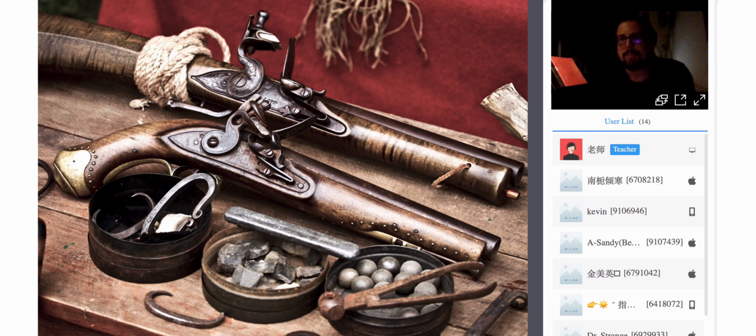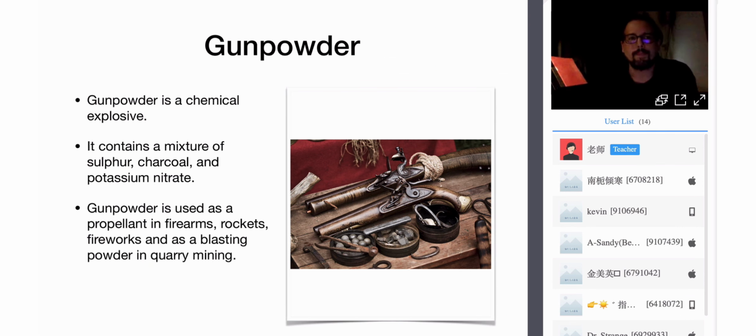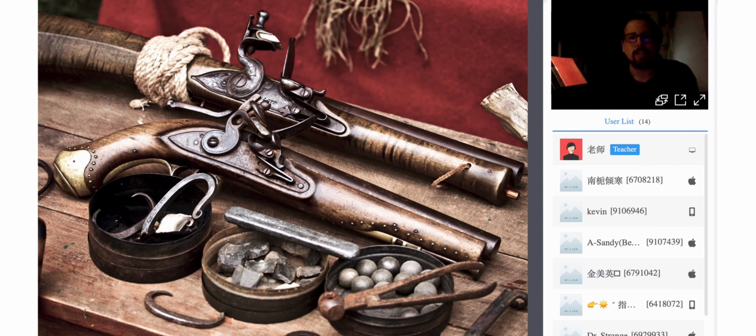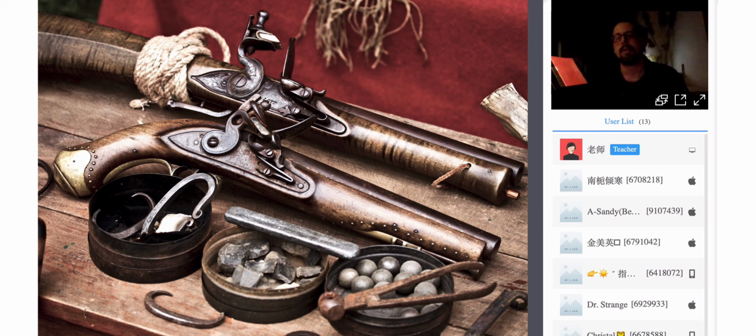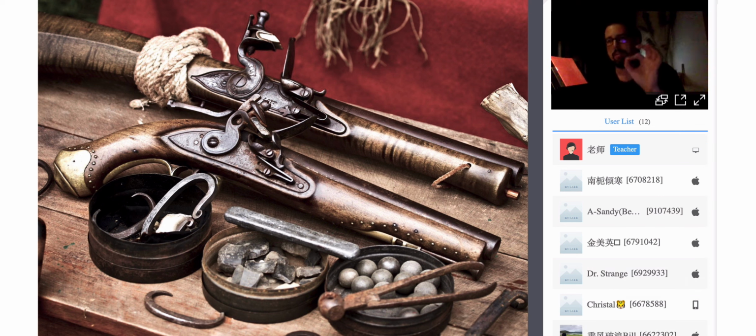Okay, next one. Gunpowder. Gunpowder is a chemical explosive. If we look at the photo here, we can see the rifle and the components of the rifle. We have the trigger, the thing that you pull. That pulls the hammer. The hammer goes back. There's some resistance because the hammer is connected to a spring, which is a piece of metal that is curved, right?